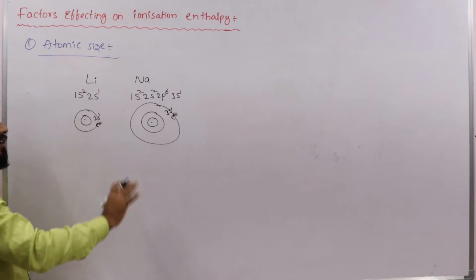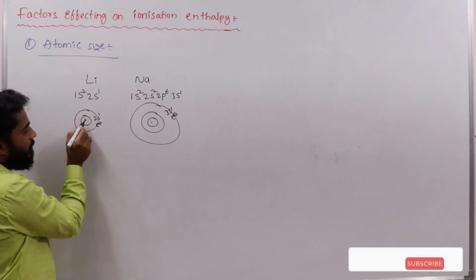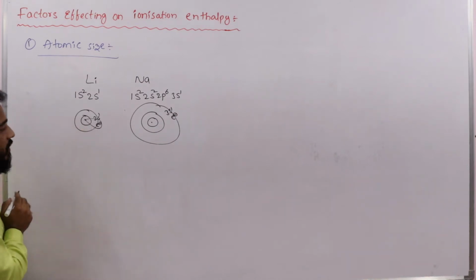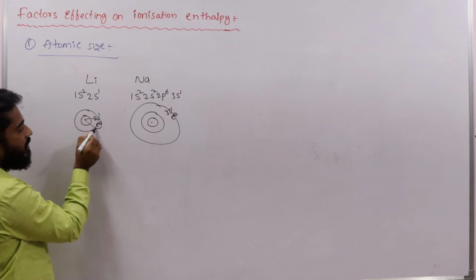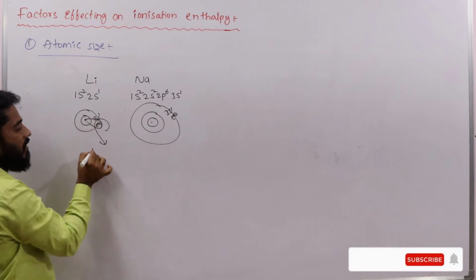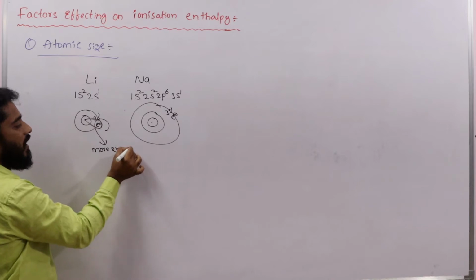There is 1 electron in the outermost shell. Lithium is very small compared to sodium. That's why the nuclear charge is more on this electron. The nucleus attracts this electron very strongly, so to remove it, more energy is required.